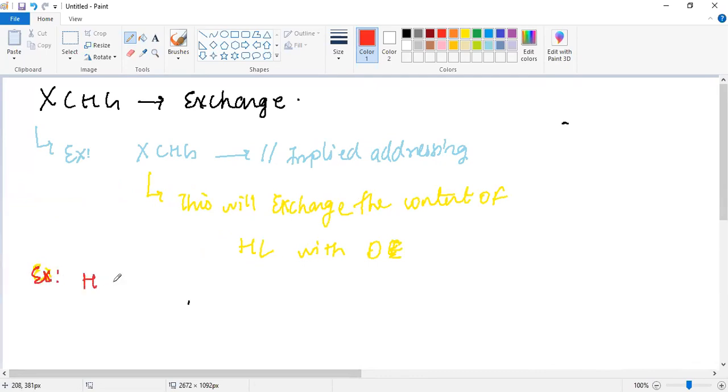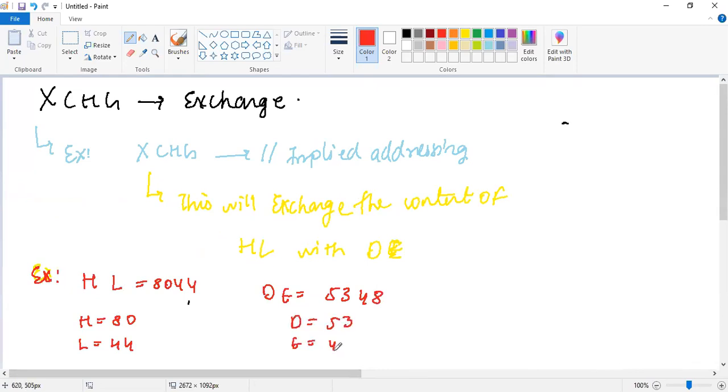Assume in H and L there is 8044. This means in H there will be 80 and in L there will be 44. And let's consider DE as 5348. So in D there will be 53, and in E there will be 48.